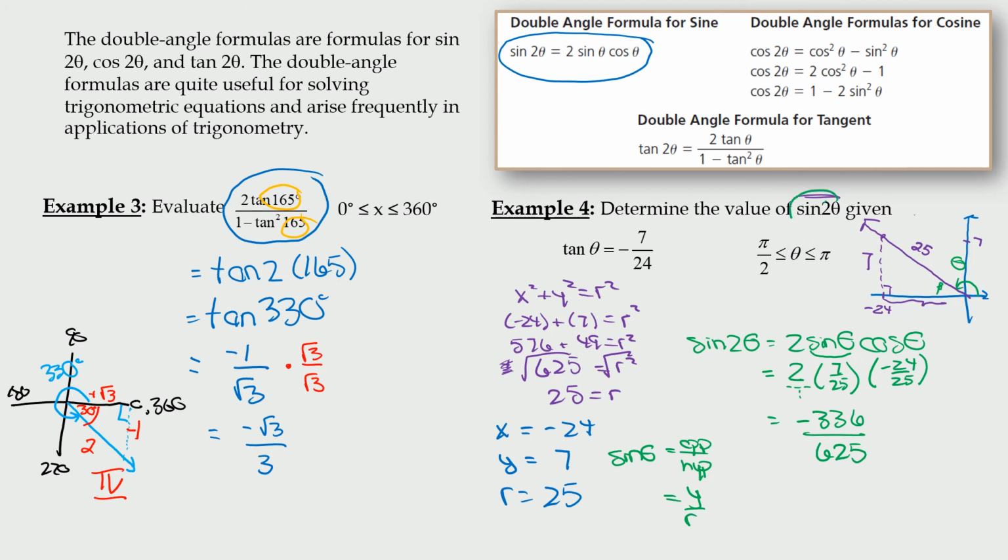That was the original question, find sine of 2 theta. I had to use this double angle formula up here because I couldn't sub in any angle. I don't have a double angle for sine 2 theta, so I had to go here to the single angles because I could use all of this stuff with my single angles.